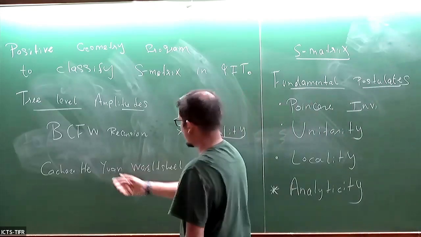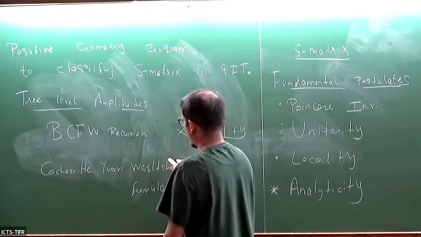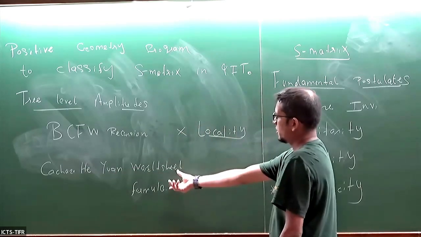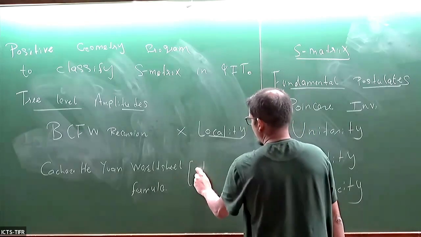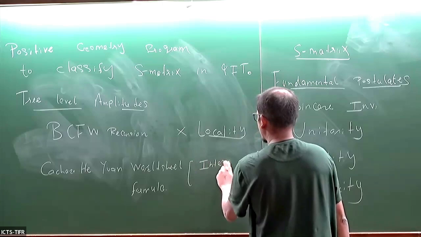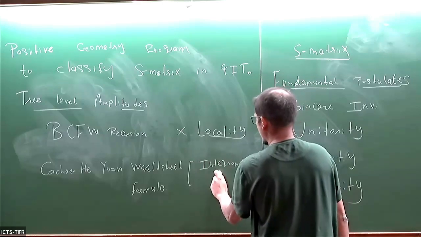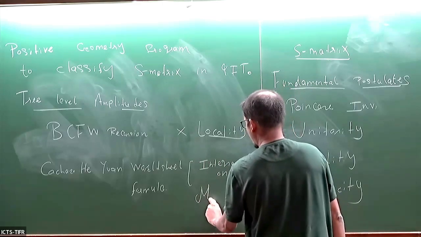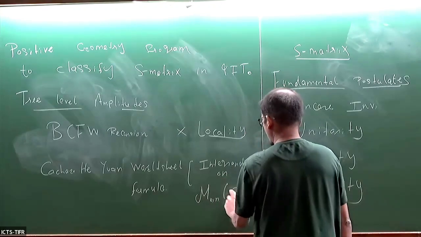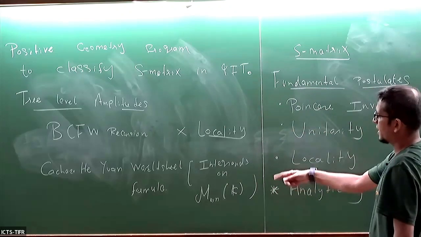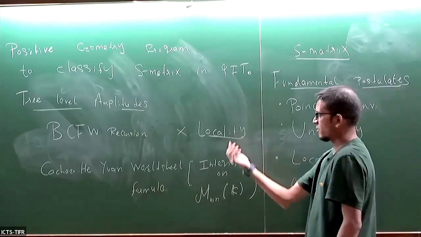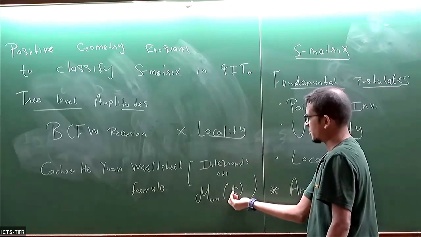And the CHY formula is even more remarkable because it's really like the string theory formula. If you want a tree level amplitude, the whole idea is to look at some integrands on the moduli space of the n-punctured Riemann sphere, and then from these integrands you can show that if you integrate them along this moduli space, you get these tree level amplitudes.